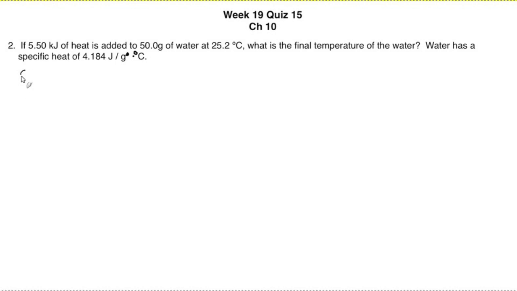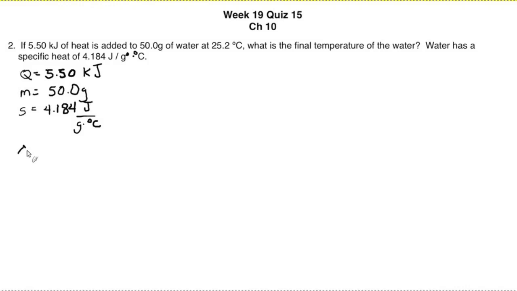Okay, so in this example, Q then is 5.5 kilojoules. The mass is 50 grams. The specific heat is 4.184 joules per gram per degree C. And it's asking us for the final temperature of the water.